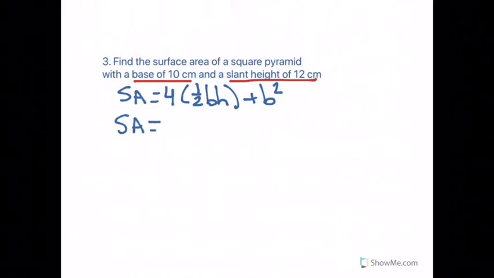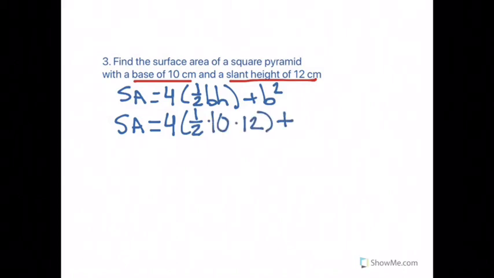So our next step is going to look like SA equals 4 parentheses 1/2 times 10 times 12, close your parentheses, plus my base squared will be 10 squared.